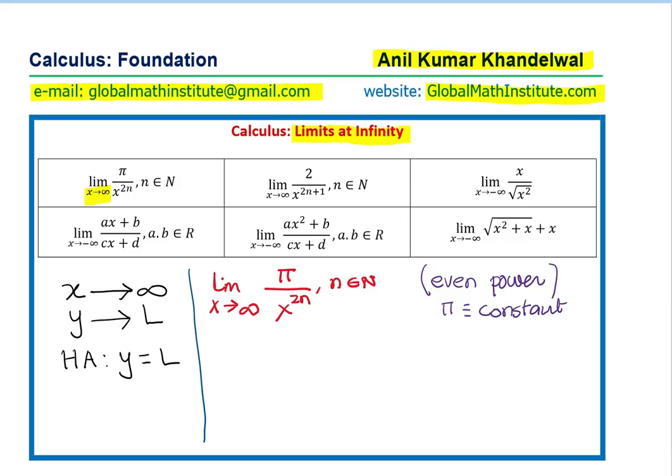So clearly, when x approaches infinity, this function will approach some value y which we are looking at. So we can say y approaches 0, right? Because any constant divided by a large number will give you 0.